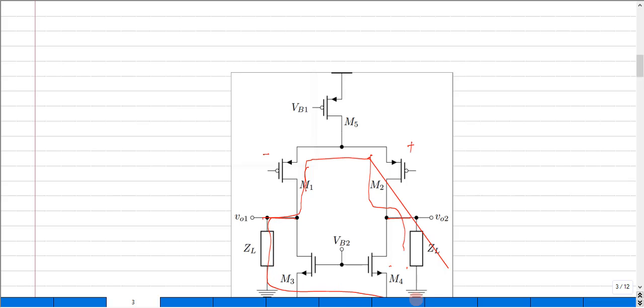So it creates a kind of loop. Clearly, the picture I have drawn in red indicates that the small signal current flows only across the M1 and M2 transistors, which are the differential pair devices. It never flows across M3 and M4, which are acting as active load devices for us.